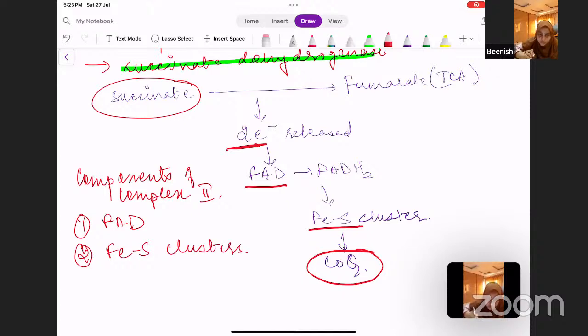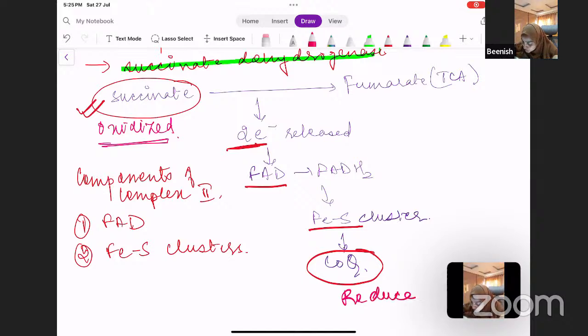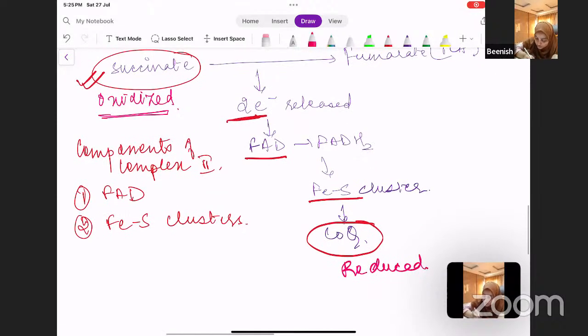In complex 2, succinate is being oxidized because electrons are being lost from succinate, and they are gained by coenzyme Q, so coenzyme Q is being reduced. Therefore, this complex 2 is known as succinate-Q oxidoreductase.